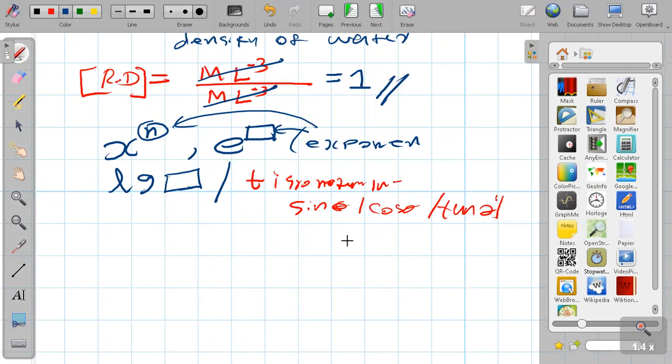So can be finalized in the way of dimension of 1 for them.